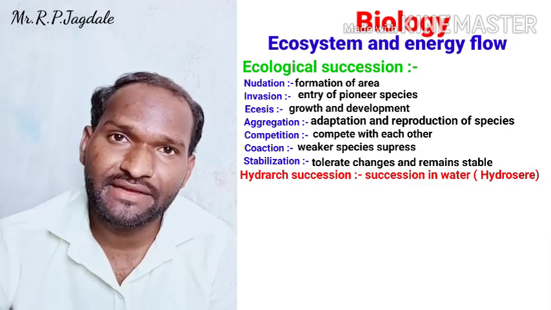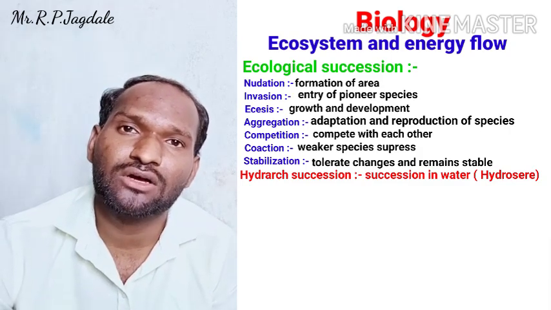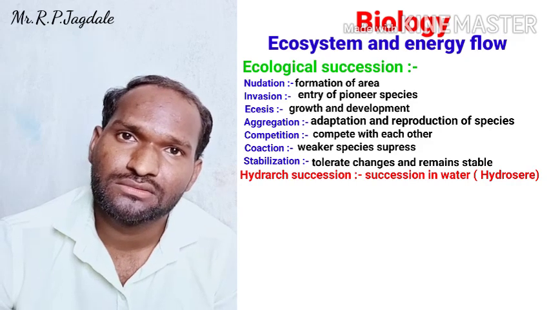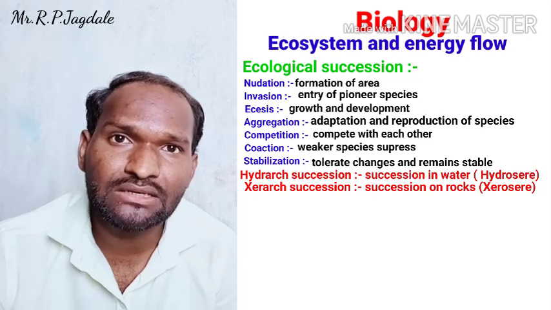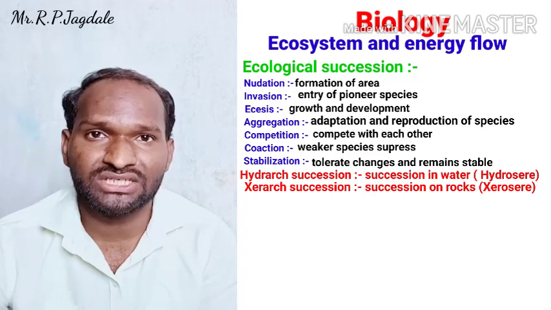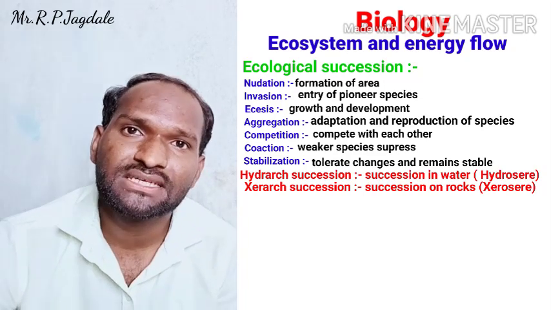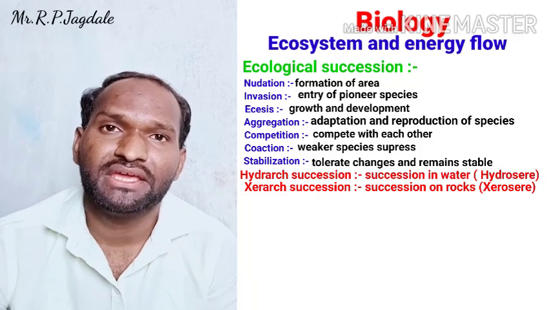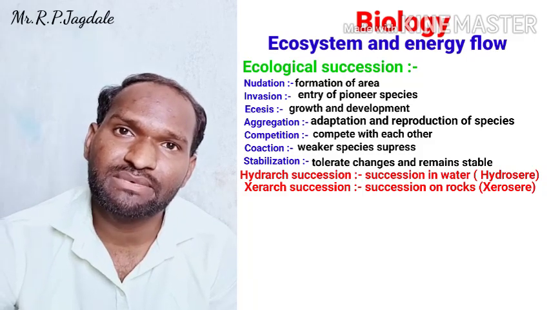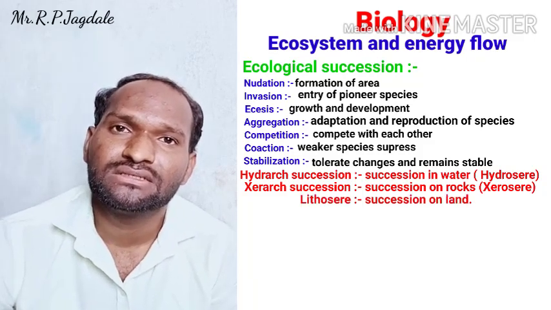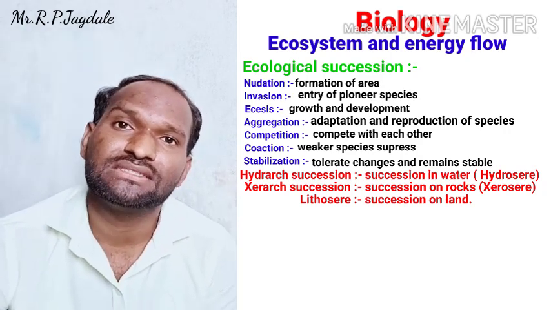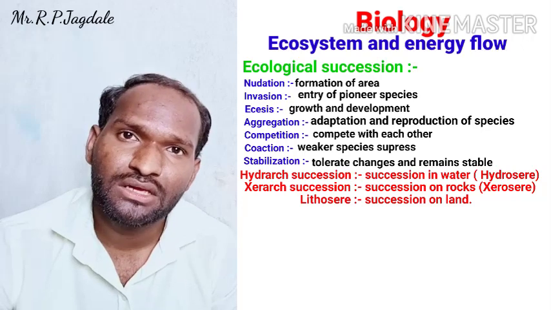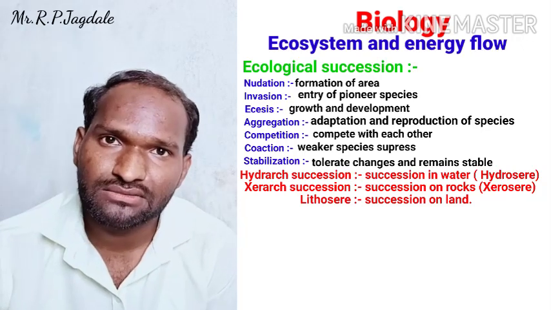Opposite to that, if the succession takes place on rocks, it is called xerarch succession, or we can call it xerosere. And if the succession takes place on land, this is called lithosere. So these are the three types of succession.